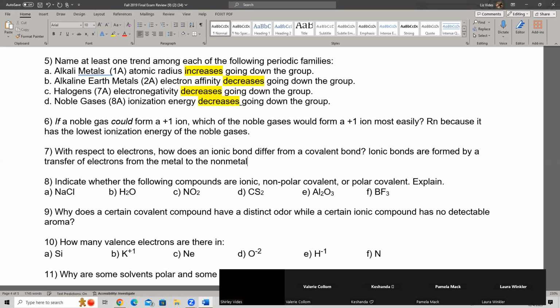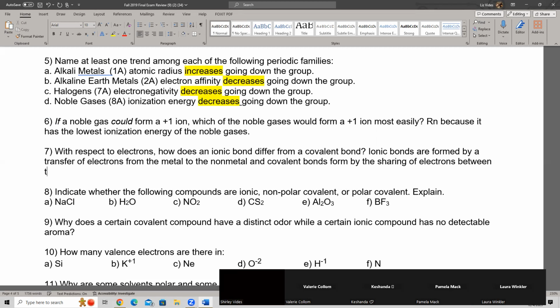And covalent bonds form by the sharing of electrons between two nonmetals. There you go. How's that?